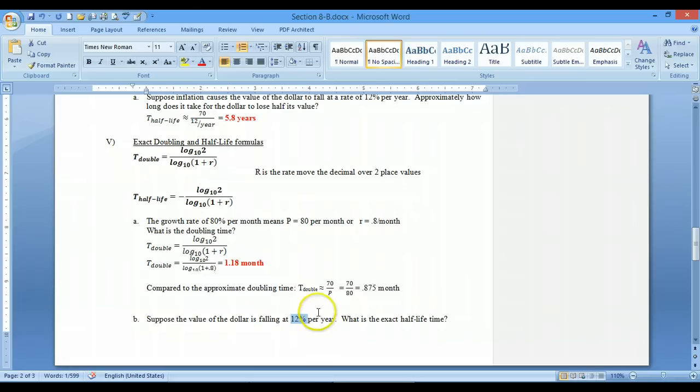If we wanted to compare that to the approximate doubling time formula, that's our T double, which is approximately equal to 70 over P. And in this case, it was 80%, which we don't move the decimal on, so 70 over 80 is 0.875 a month, which is pretty close to our 1.18 a month.